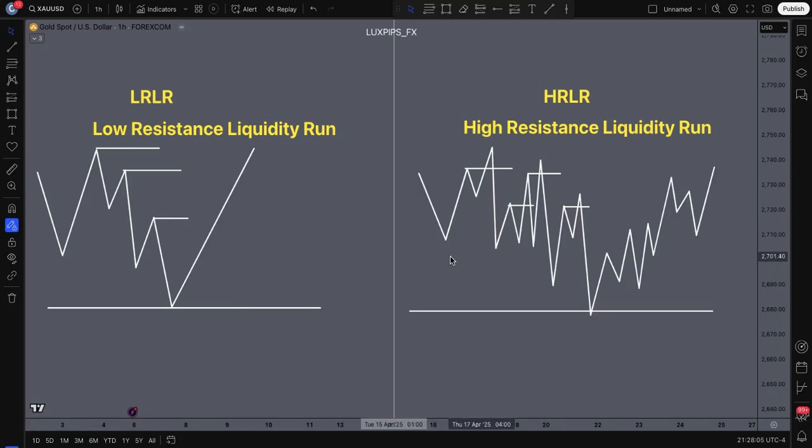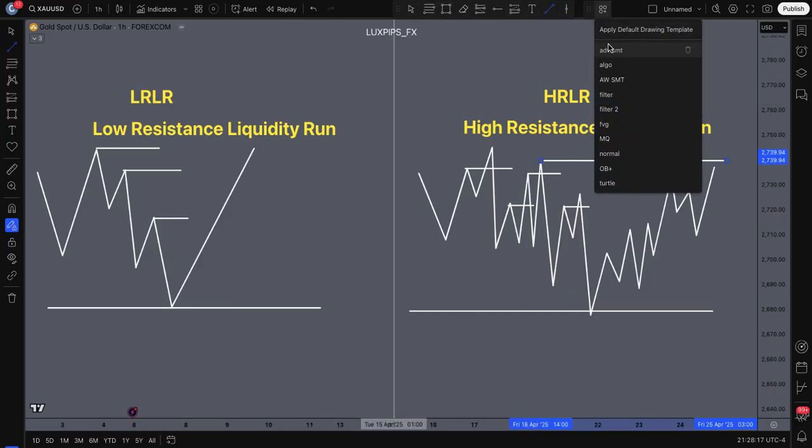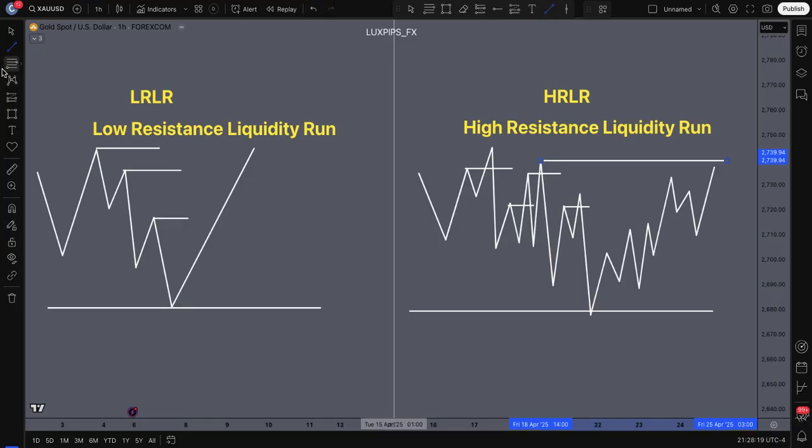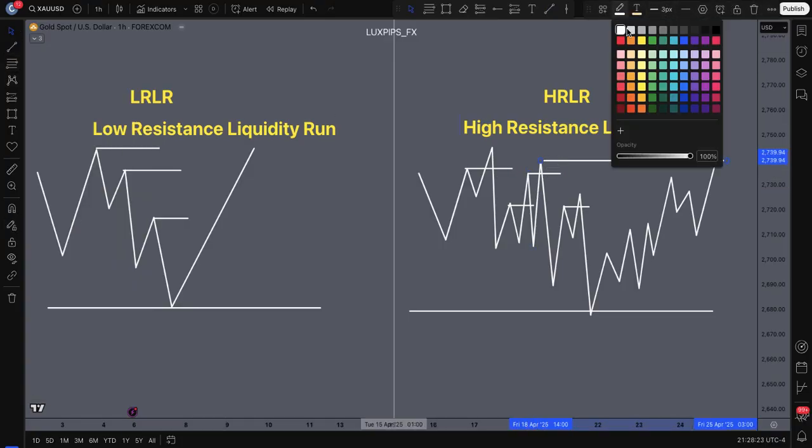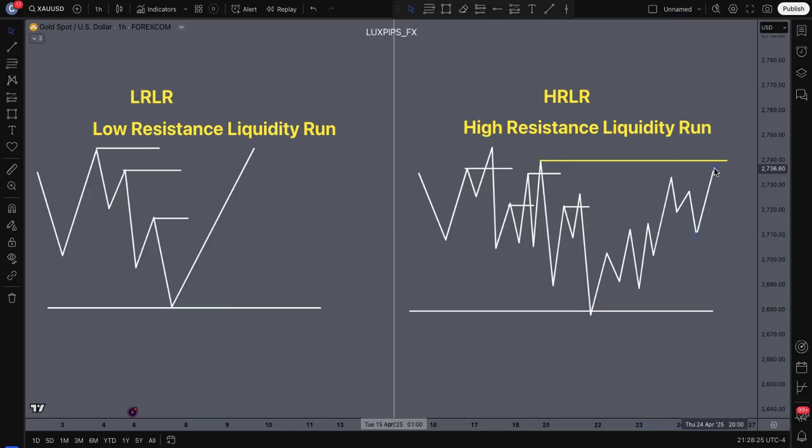Here's my little trick to this. You mostly want to target the failed high. Of course, hold on. You want to target this failed high right here. Why? Because they're trying to target this high.